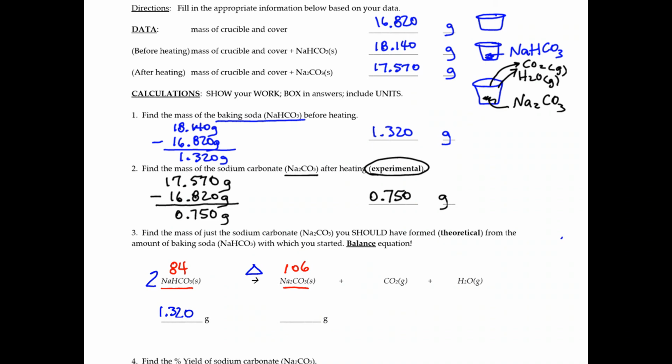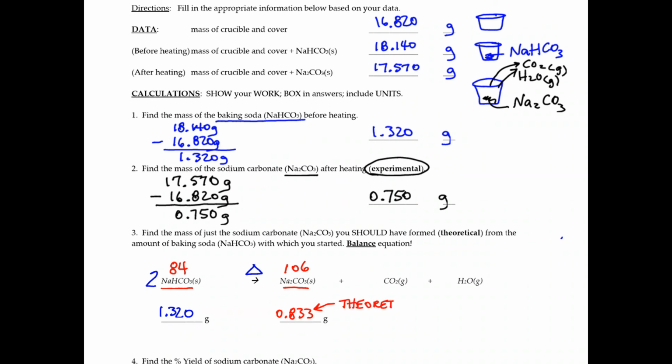Now we're going to do the big bridge: 1.320 divided by 2 divided by 84 times 106 times 1. And my answer here is going to be 0.833. So I was supposed to get 0.833. This is the theoretical.